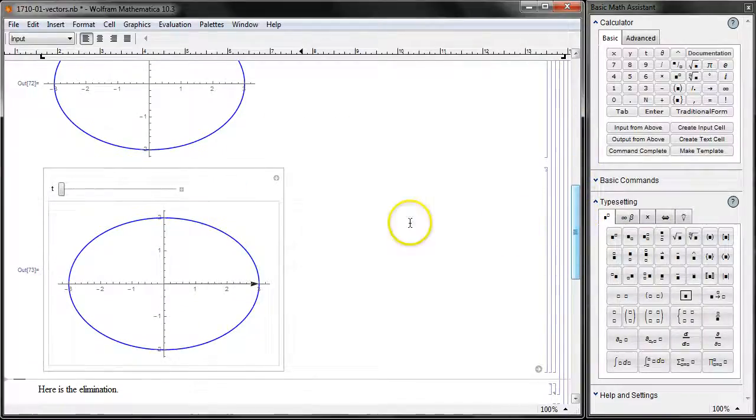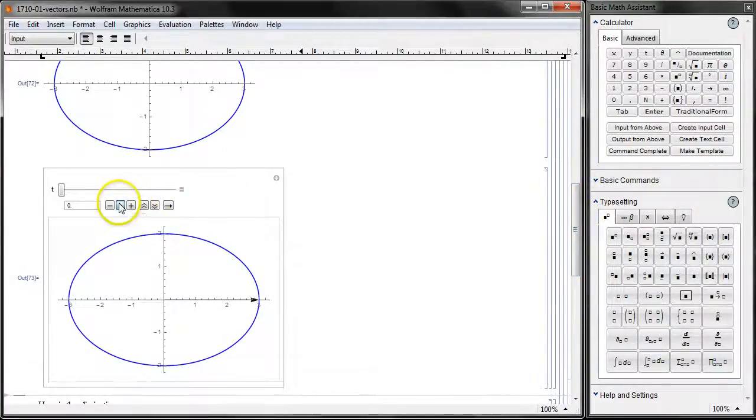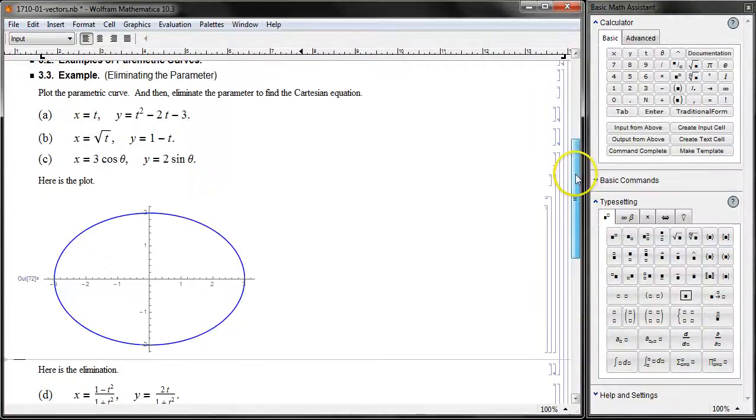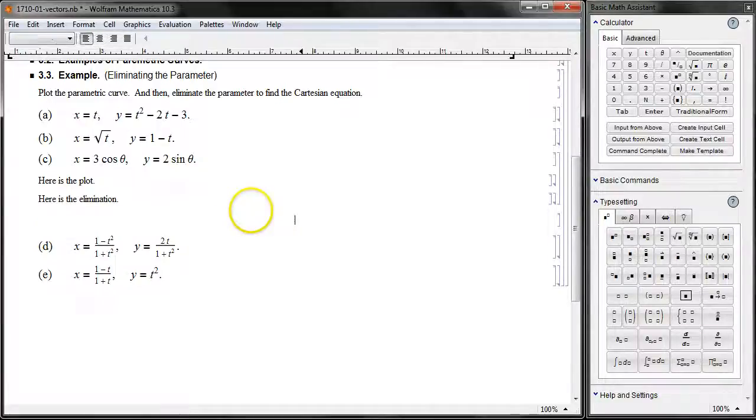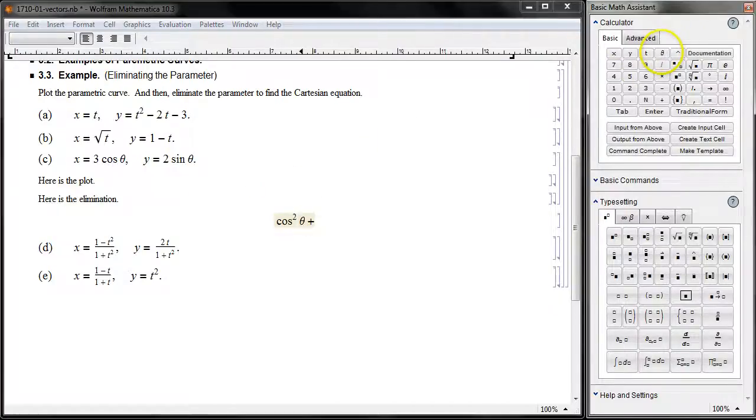And here is the moving arrow model. How do you know this is an ellipse? Well, the kind of tool that you can use is cosine squared of theta plus sine squared of theta is equal to 1.